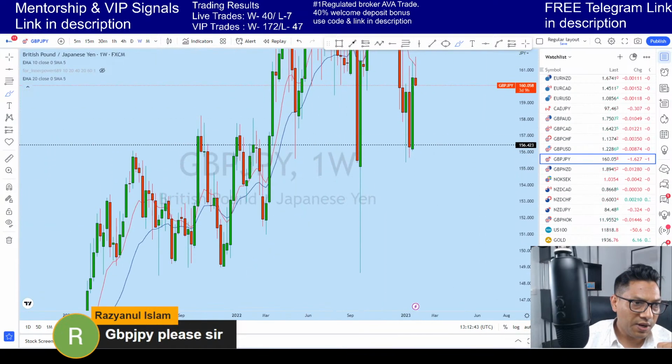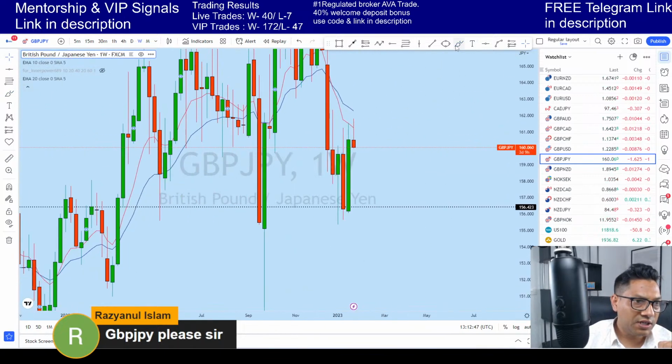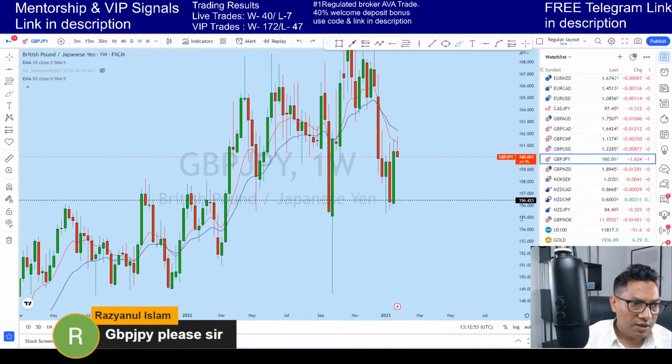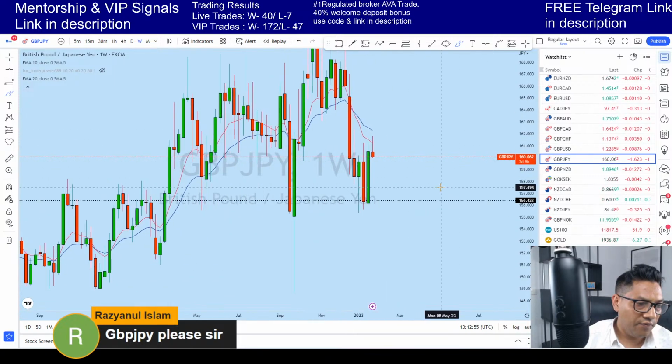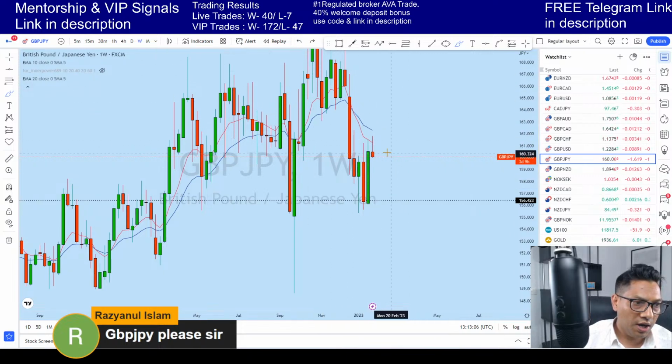From the weekly perspective, once the price created this overextended market, we have seen another rejection from the weekly time frame, and with that rejection I think that after reaching a certain level, we might see GBP JPY going up again, and we might see a weekly doji in this market.